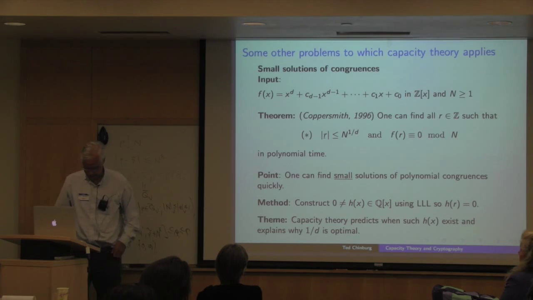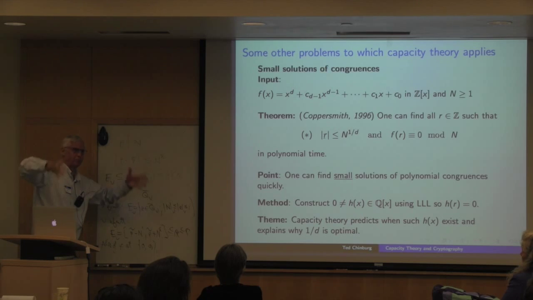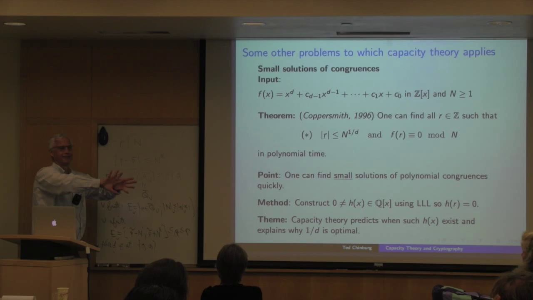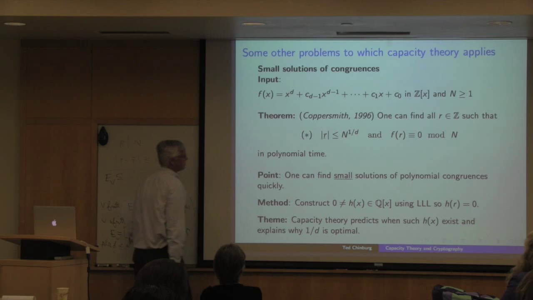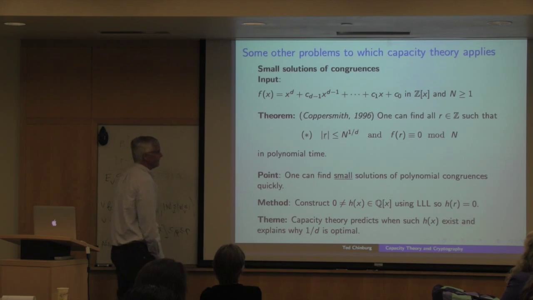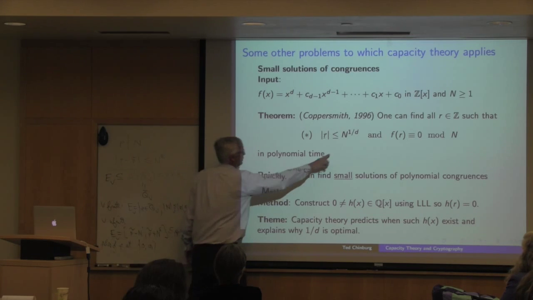I think you just take n to be the product of all the primes up to some huge bound, and you take the polynomial to be x squared minus 1. You try to find all the solutions of x squared minus 1, mod the product of all the primes up to some big bound. Too many solutions. But if you try to look for small solutions, then you can find them in polynomial time, and small was n to the 1 over d.